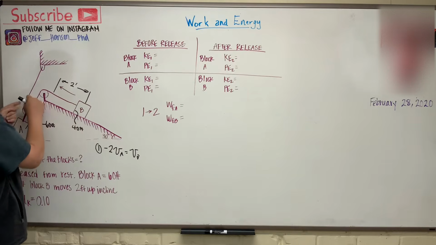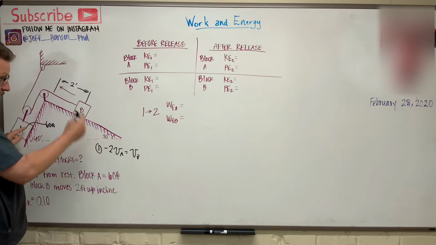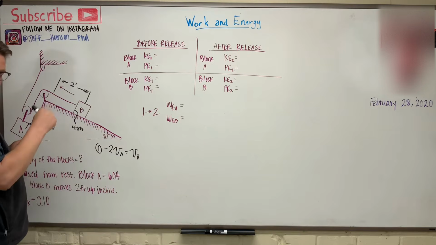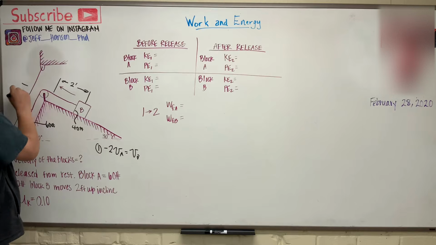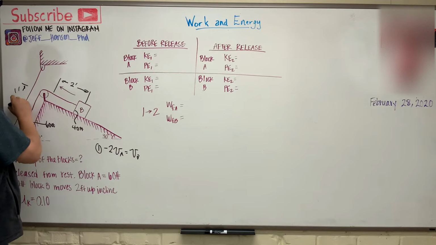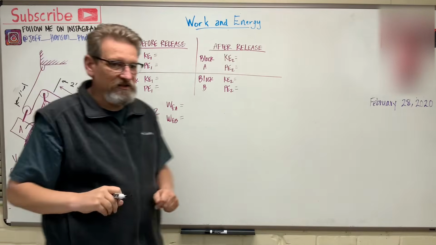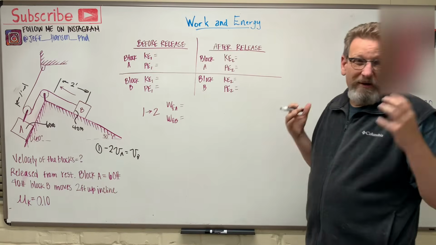I got a foot there and a foot there to take up that 2 feet of rope. So if he moves 2 feet up, this guy moves 1 foot down, okay? So I know that the distance of this guy is going to be 1 foot. That wasn't very good, was it? There you go. Okay, so there are some compatibility equations that we can come up with before you ever even start the problem.